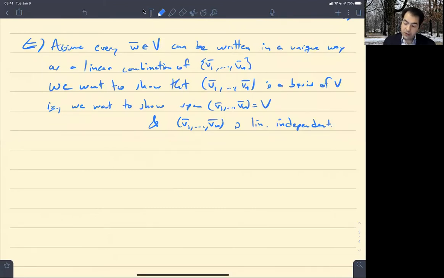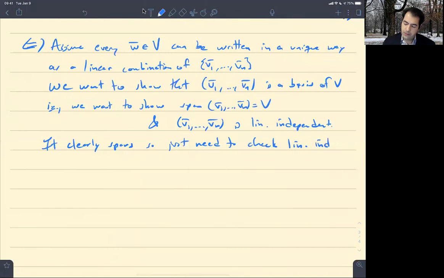Okay, that it spans is obvious because we're saying that we can write every w as a linear combination. So it clearly spans. So we just need to check linear independence.